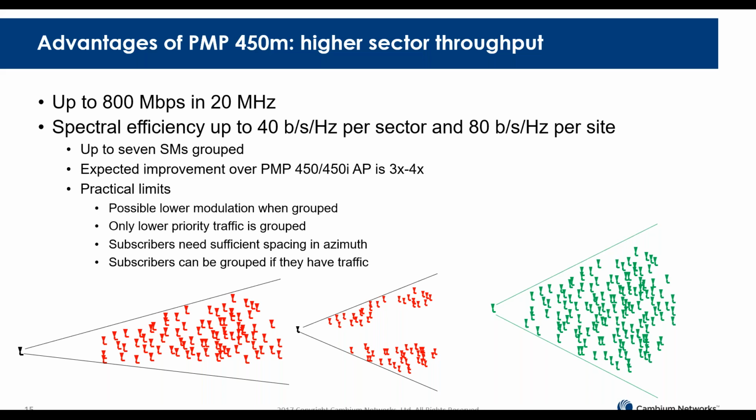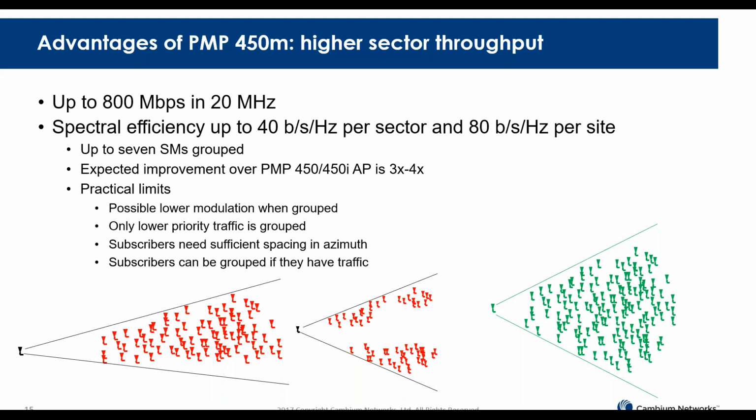Finally, subscribers can only be grouped if they have traffic. Again, this may be obvious, but if you don't have a lot of traffic going through your access point, then there is no opportunity for MU-MIMO to work, and you will not have any improvement over a traditional 2x2 access point.